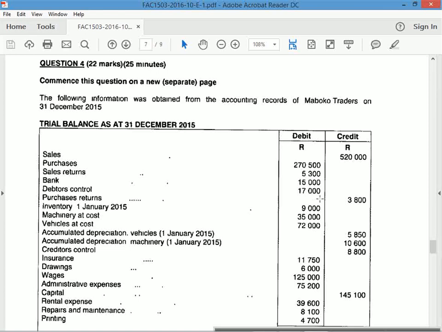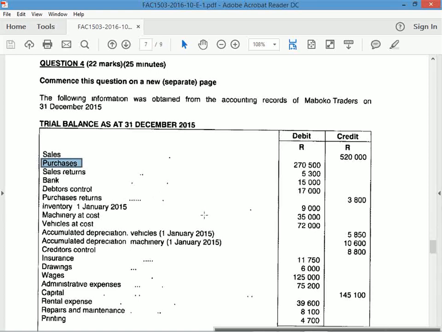I need to know what system is being used here. Can you see anything that tells you what system is being used? Any words stand out? There we go: purchases. When I see the word purchases, I know they're using periodic.